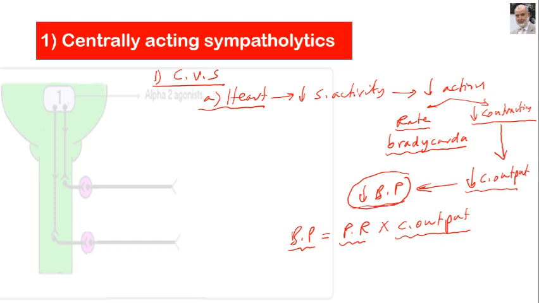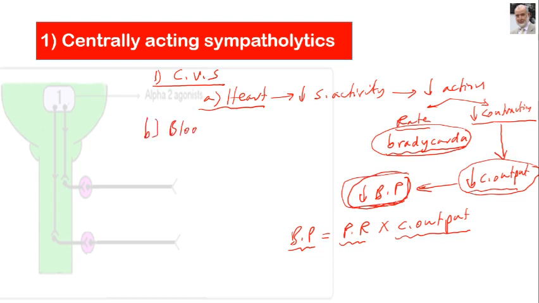So centrally acting sympatholytics decrease sympathetic activity at the heart, decreasing rate, producing bradycardia, and decreasing contraction, especially of the ventricles. Decreasing contraction will result in decreasing cardiac output, and this will result in a decrease in blood pressure. This is first. On blood vessels, the same thing will happen.